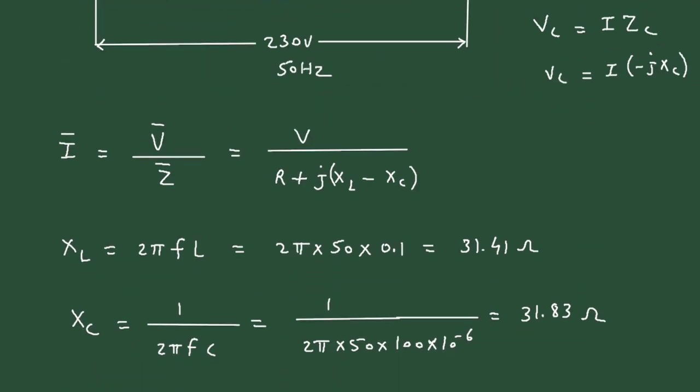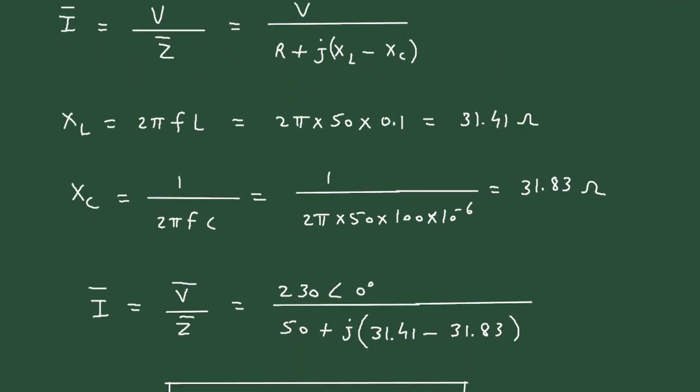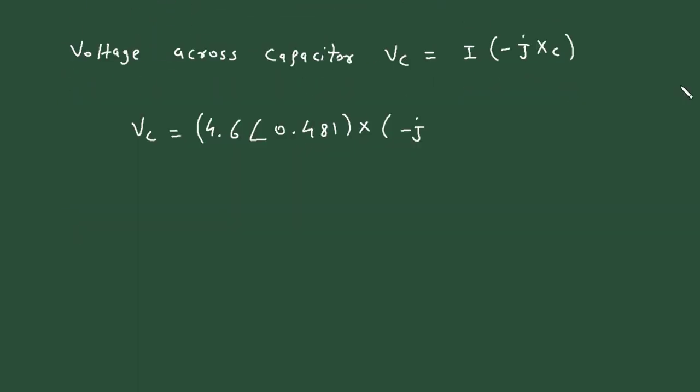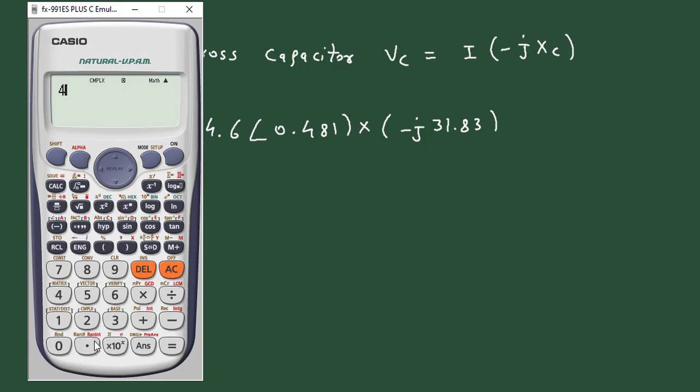The value of XC is 31.83. So therefore VC is equal to, if we solve this, we get 4.6 at an angle 0.481 multiplied with minus j into 31.83.